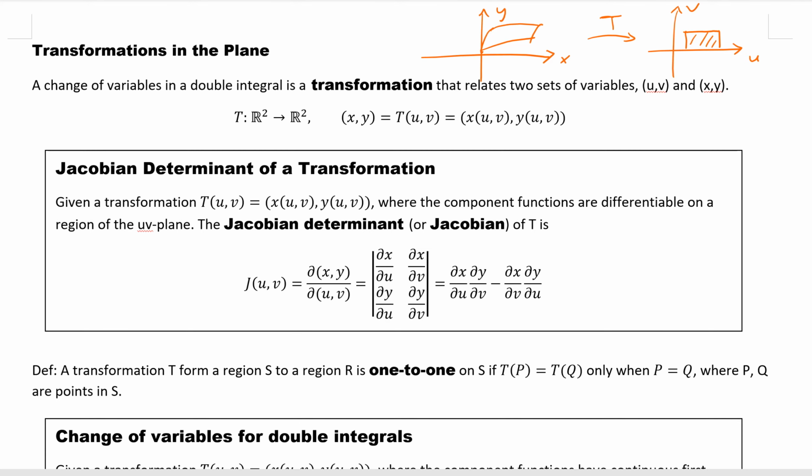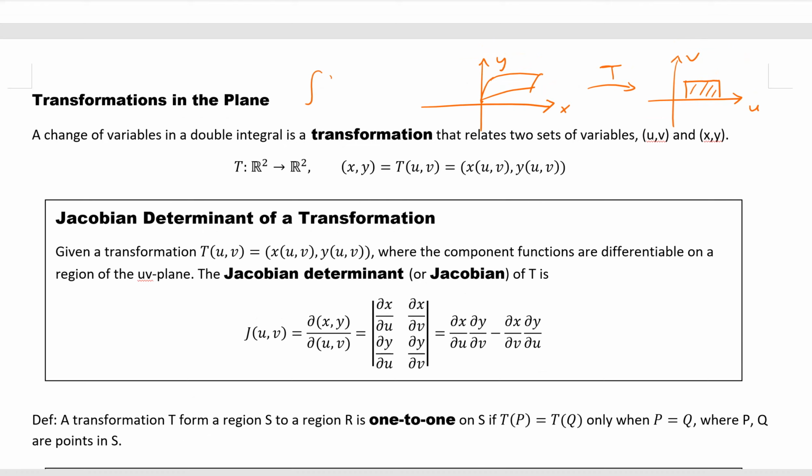So here before we have a double integral of f dx dy or dy dx on this region R. Oh, let me see, from region S to R. Okay, so let me call this S. S is a region in the XY plane.